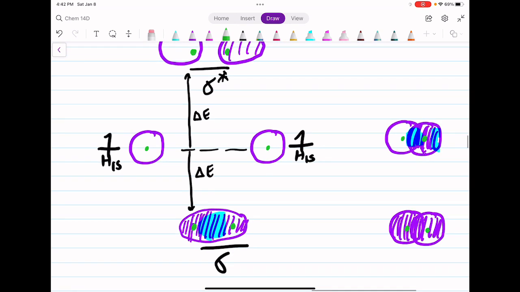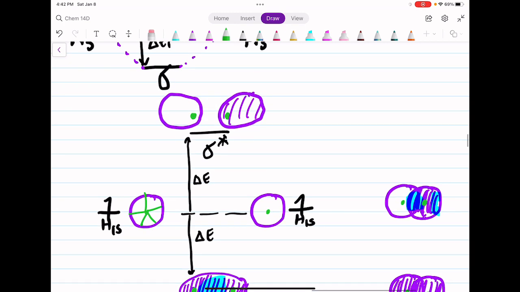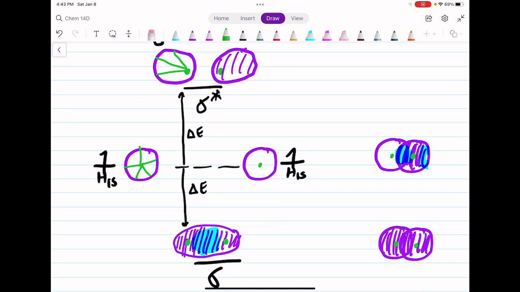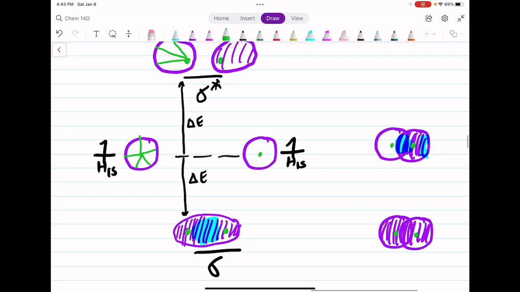So here we can see that the distance from the nucleus to the electrons is this, and now we have an average distance to the electrons, which is farther away in this antibonding orbital. So it turns out that it has a slightly larger impact in terms of the quantity of that delta E than we do with bringing them into combination for the bottom.